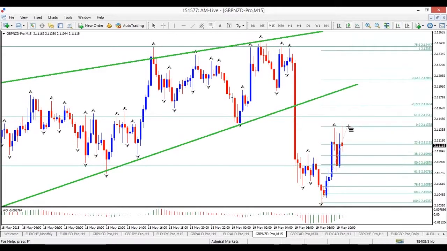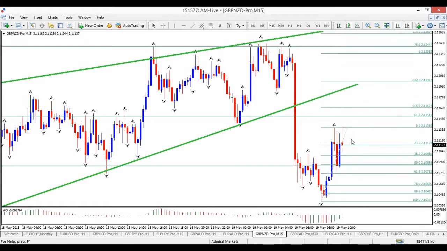And a short could be from, for instance, if we get a zigzag here to correct this fall, 211.20 to 211.60 to 212, probably the most likely zigzag moment.